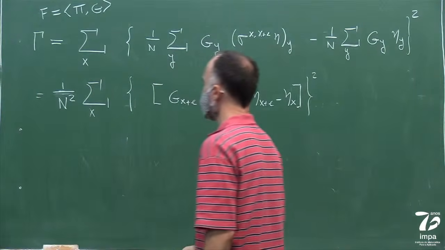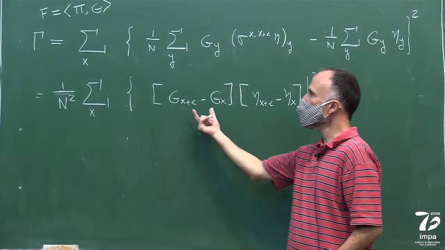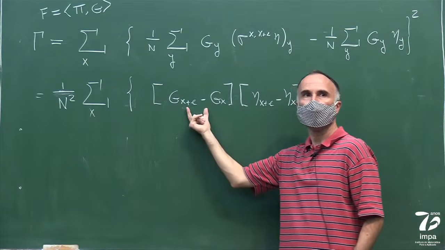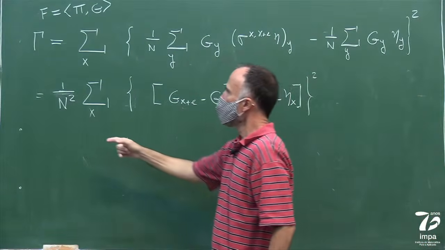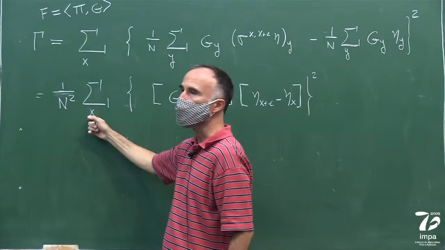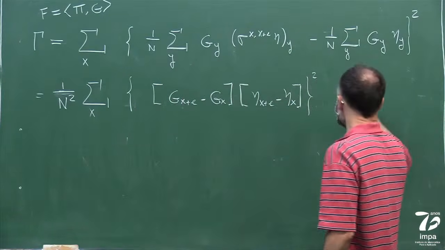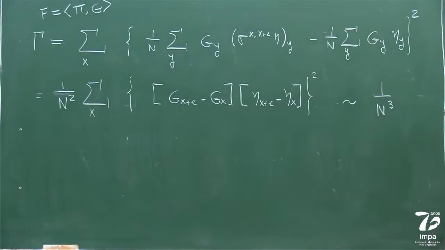Okay, but now you realize, what is the order of this sum? G is smooth, so this is of order 1 over n. I have a square, so 1 over n square, times 1 over n square, so 1 over n fourth, and the sum gives 1 over n third. So this is of the order of 1 over n third.